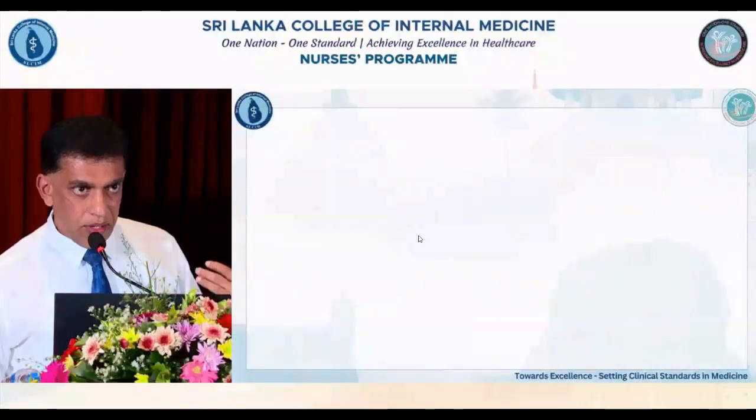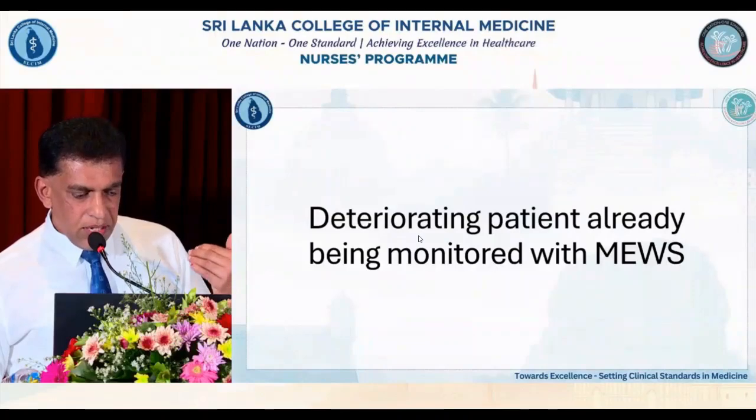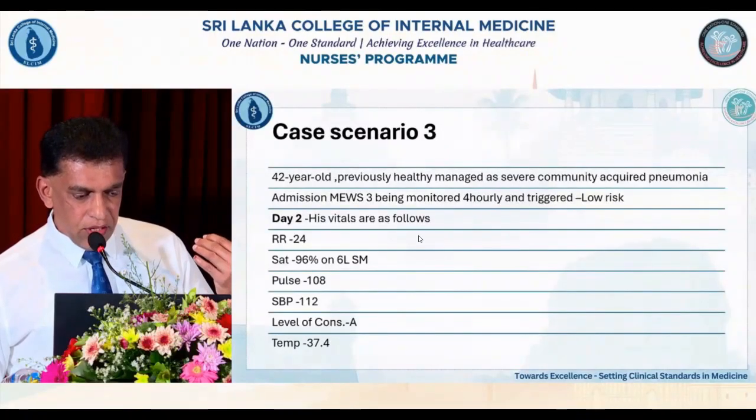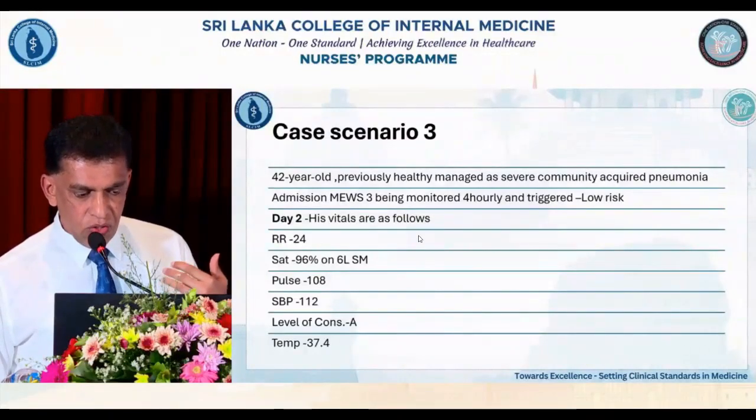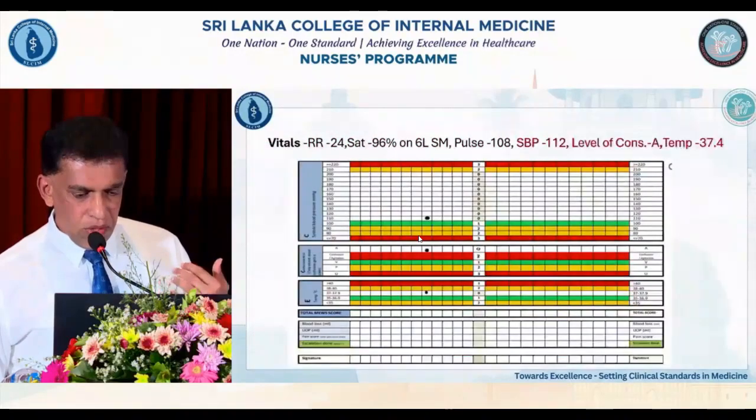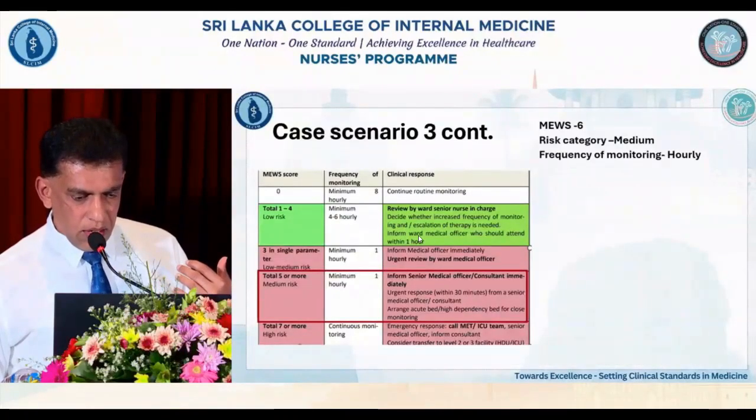Likewise, a patient admitted with pneumonia, and the patient's admission MEWS was 3. The patient is being managed in the ward, and now on day 2, the patient's vitals change, and your MEWS score is now 6. So this is the medium risk category, with frequency of monitoring hourly.